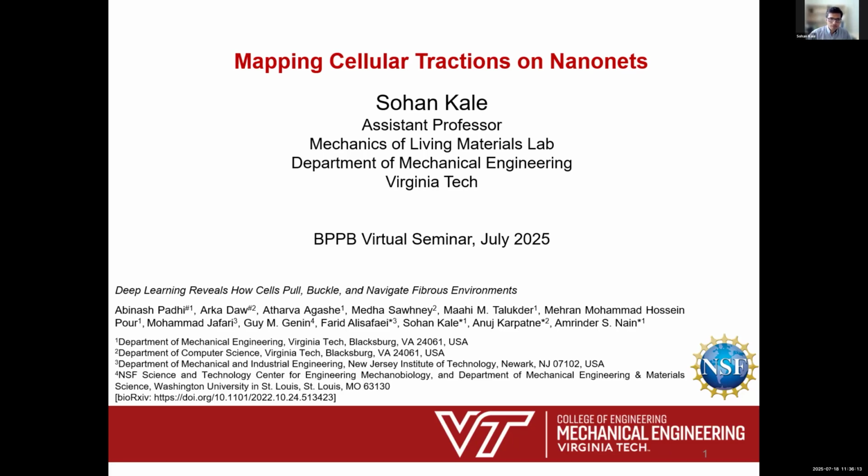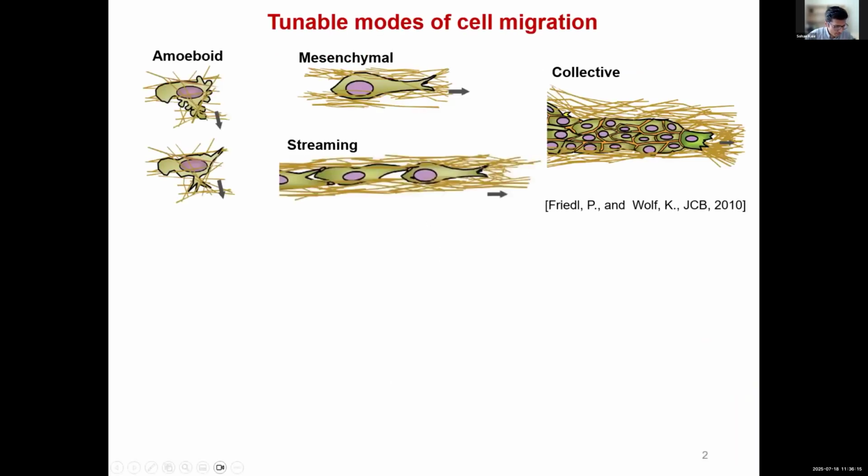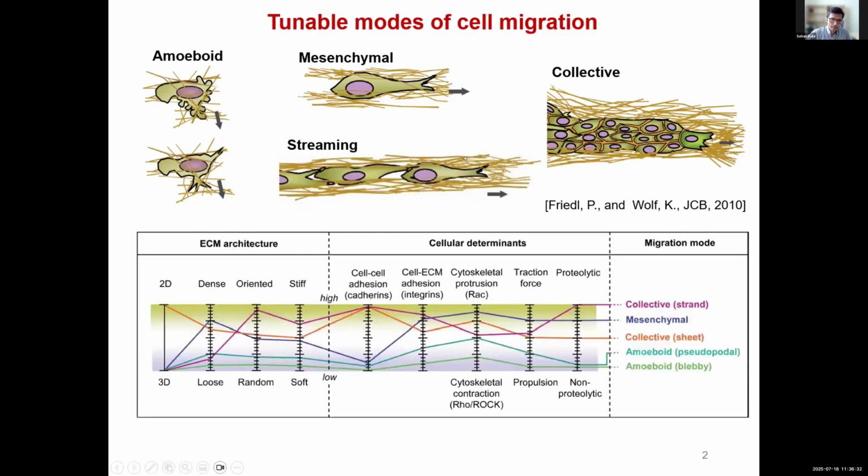So why do you want to understand or study this? Cell migration is important for various physiological and pathological conditions. What is interesting is that the mode of cell migration can be tuned depending on several factors, but more importantly and relevant to this talk is the ECM architecture.